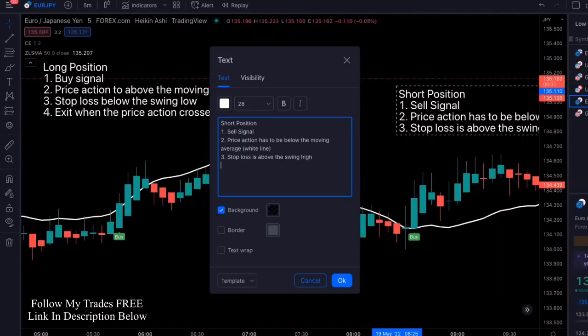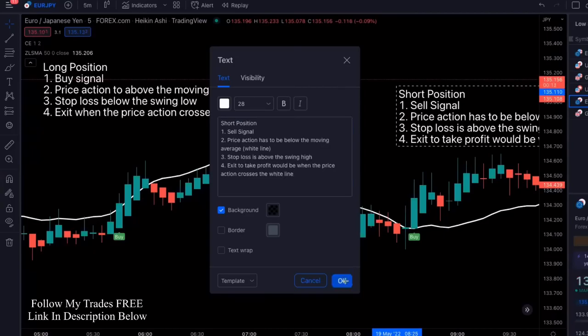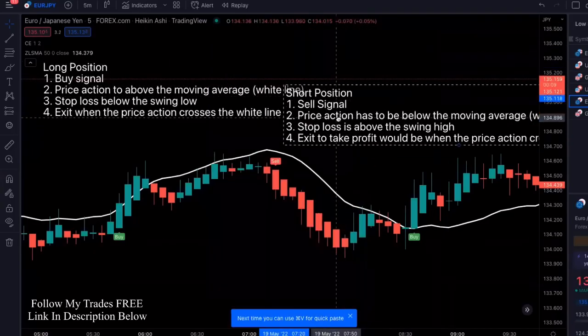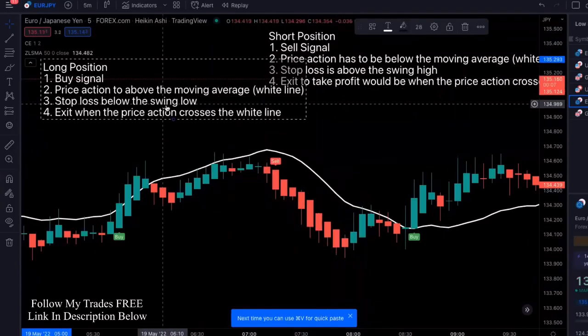And again, to take profit, you exit when the price action crosses the white line. You guys have all of these notes, so you can make notes of these if you want.